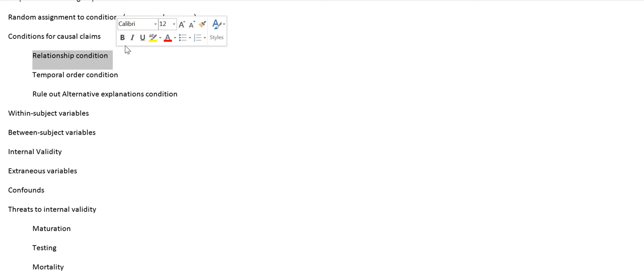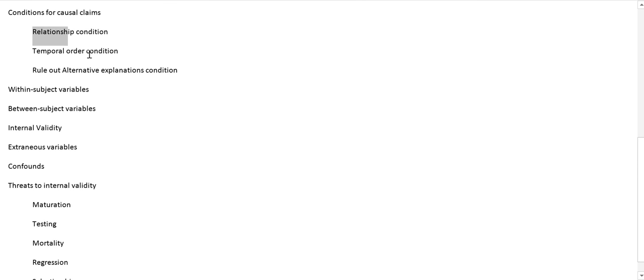But just because two variables are related does not mean there is a causal relationship. So after you've established a relationship or correlation between the variables, you also need to establish temporal order.